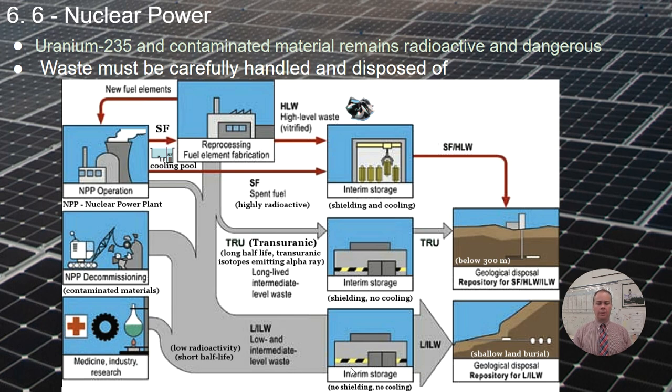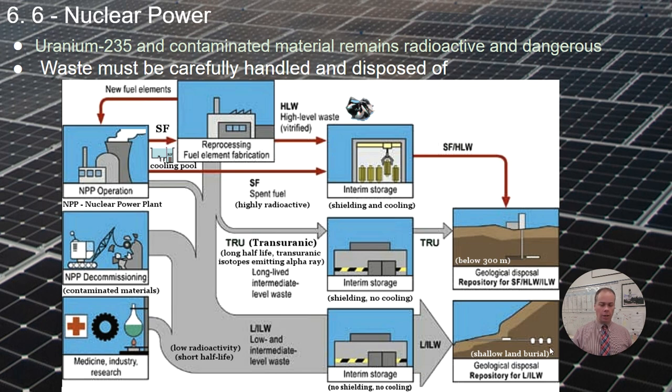But then the ultimate question is, what do you actually do with these waste products? Where do we put them? Because most of them have long half-lives, they're going to continue to be radioactive. They can be dangerous to humans, to other organisms. They can contaminate the environment. And so there's really not great methods of permanently disposing of this material.